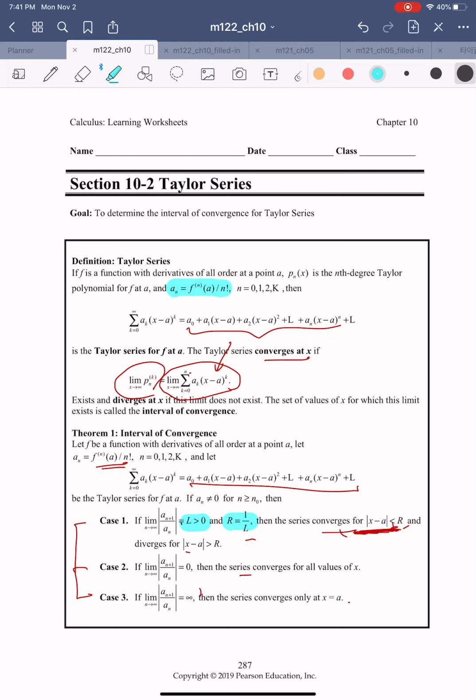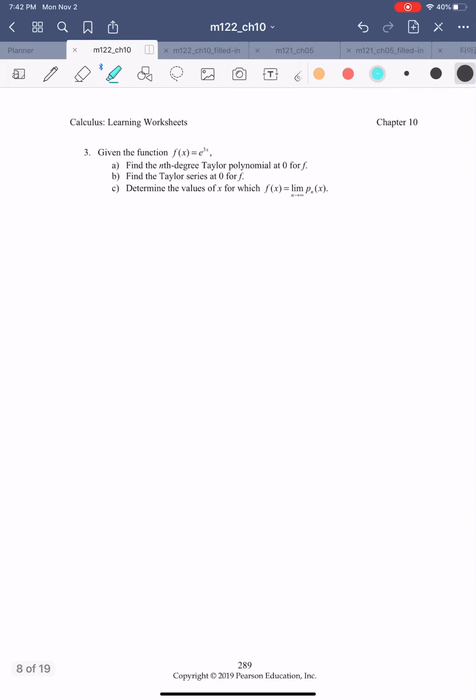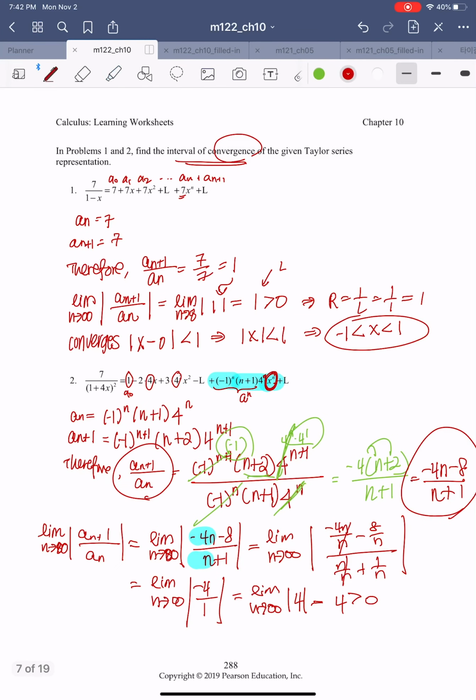So we will find the x value by setting less than 1/4 this time. So r is equal to 1 over 4. So case 1 also applies, it converges when absolute value of x minus 0 is less than 1/4, which is just absolute value of x is less than 1 over 4.